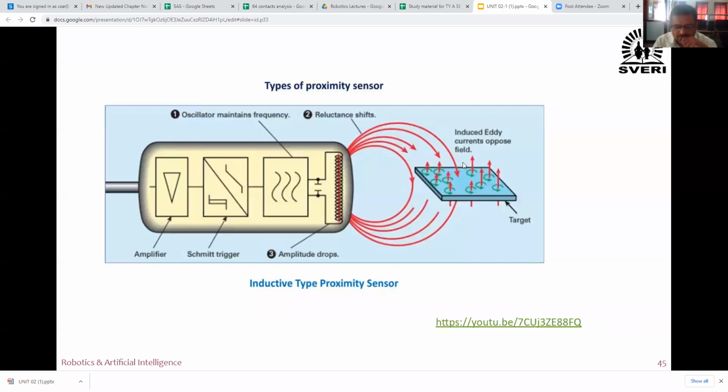And these cut-off magnetic flux lines will induce eddy currents in the target. Now what will these eddy currents do? These eddy currents will oppose the original magnetic flux lines. They will oppose the transmission of the original magnetic flux lines. Therefore, first of all, we'll see the video.